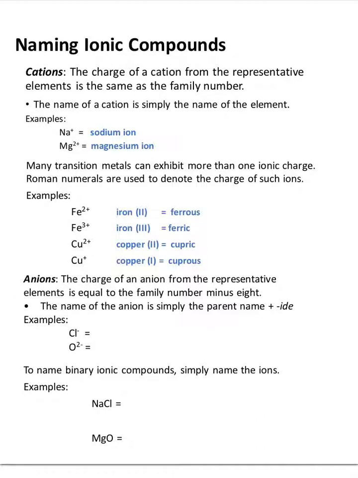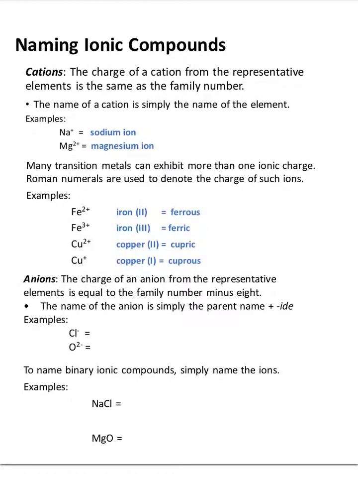So if we were talking about the Fe2+ ion, we would say iron Roman numeral 2, to let them know by the name that we're talking about the iron that carries the positive 2 charge. You will also sometimes see the iron 2 ion referred to as the ferrous ion, but more often than not, you'll see it in Roman numerals.